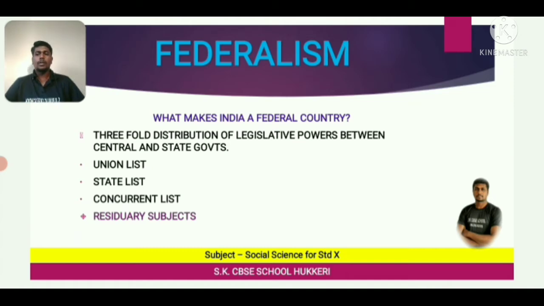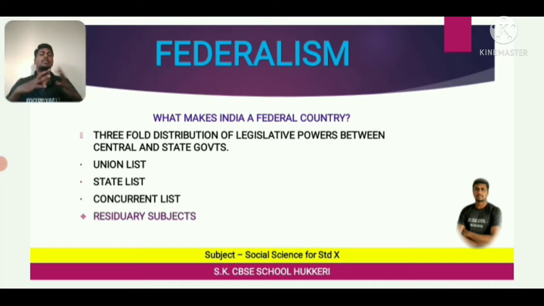Now see the important point here. All the key features of federalism that we have already learned, we can apply to the provisions of the Indian Constitution.